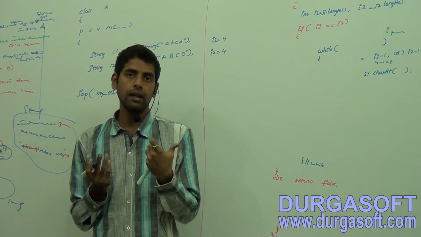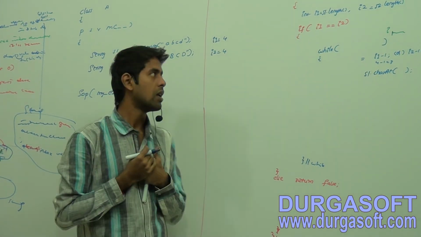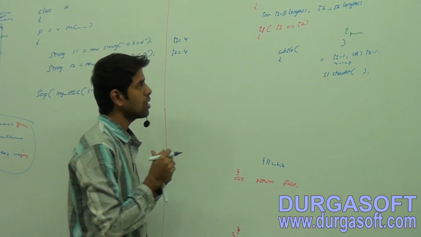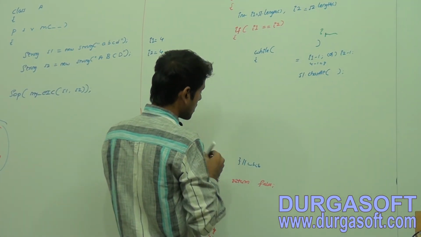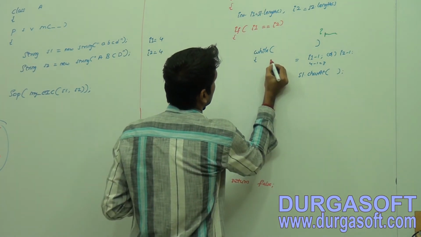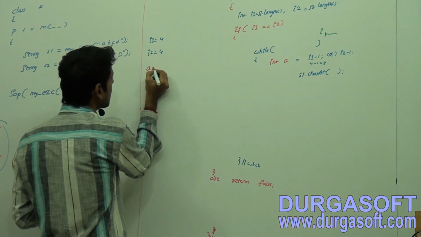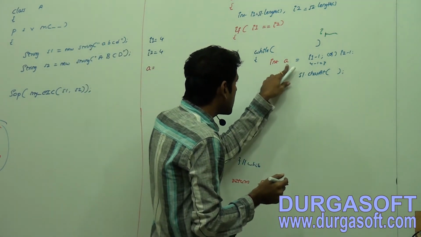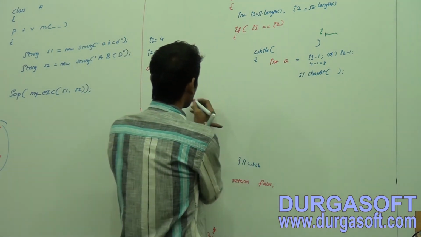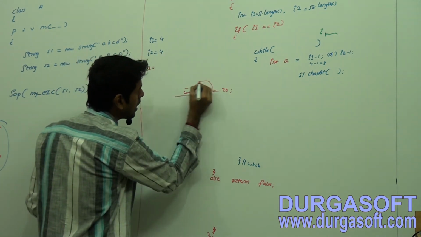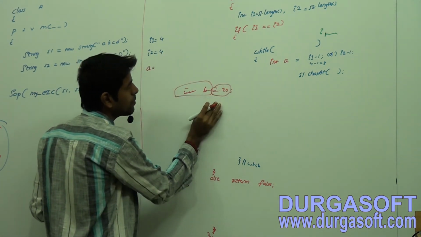I can declare any number of variables, but you should not declare an unwanted number of variables. Now let it be int a. This is declaration and initialization. Observe here, int b equals means declaring an int variable and performing initialization.